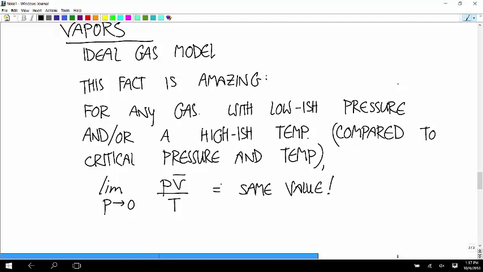It doesn't matter what gas that is. And that value is the universal gas constant. I think usually in the past you've called that capital R. We're going to call it R bar because it's a per mole calculation.